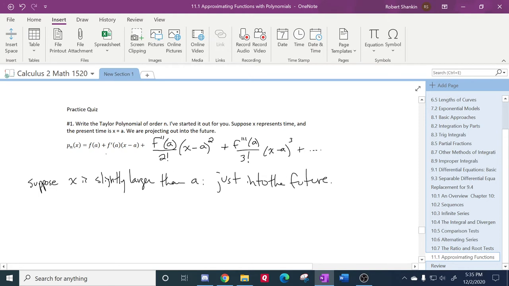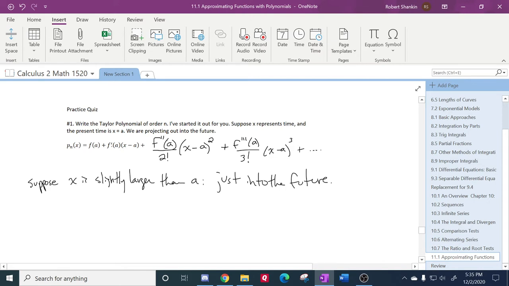So we're saying, all right, we have the data up until the present time, and we go just into the future. Well, what do we expect f to be? Well, what it is now, at the present time.